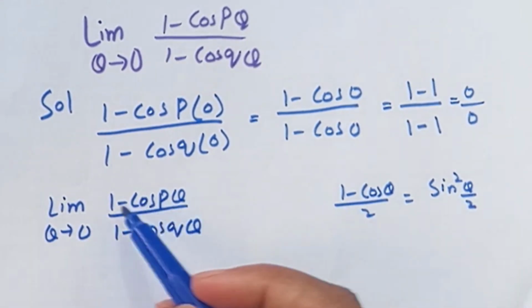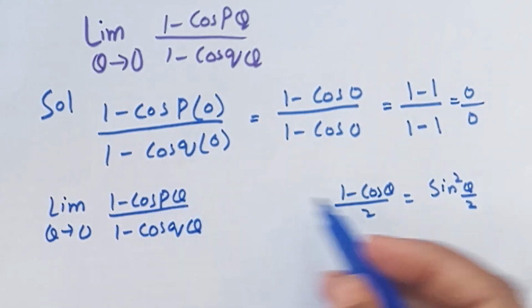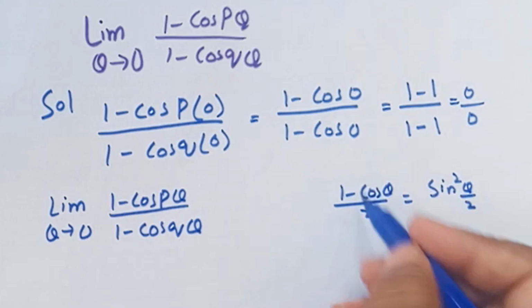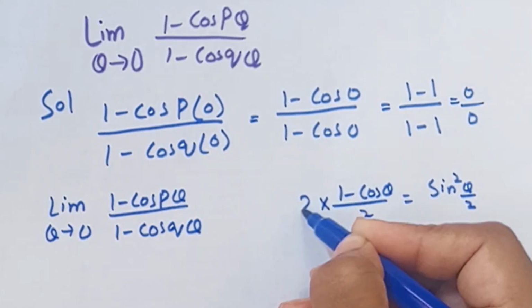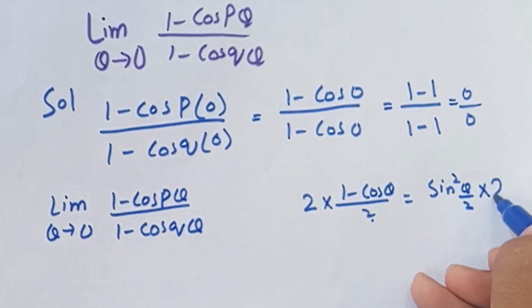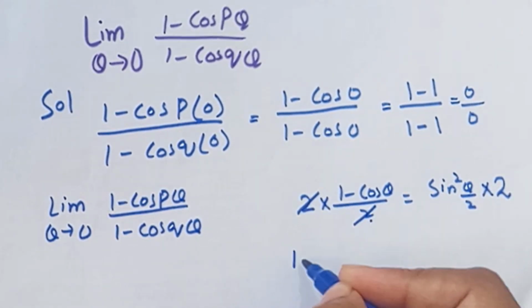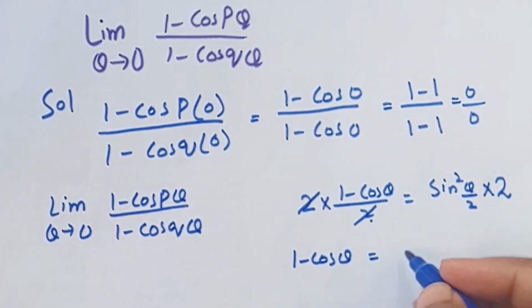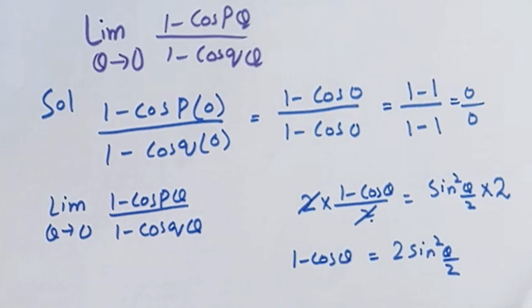Here we just have 1 minus cos p theta, so we do not need this 2 in the denominator. For this we multiply this identity by 2 on both sides. The 2 and 2 cancel, we get 1 minus cos theta, and this becomes 2 times sine square theta over 2.